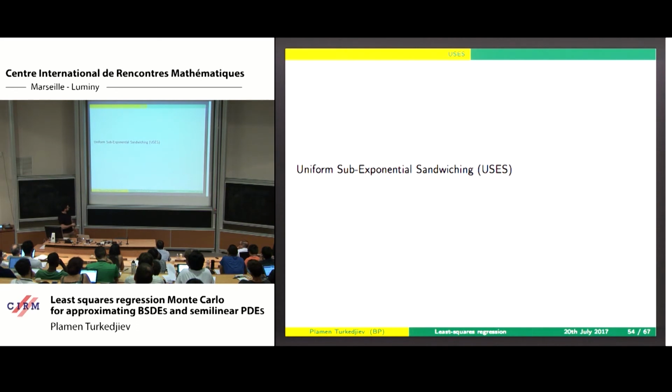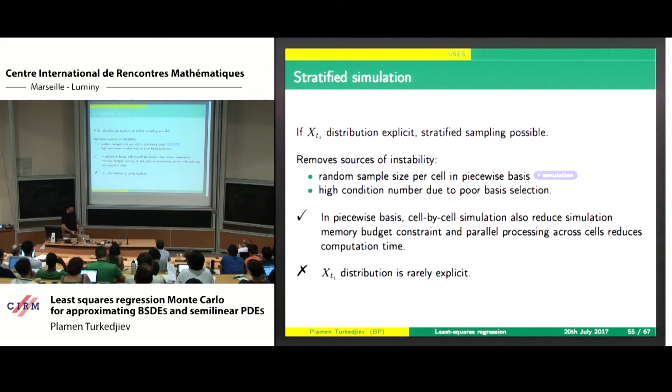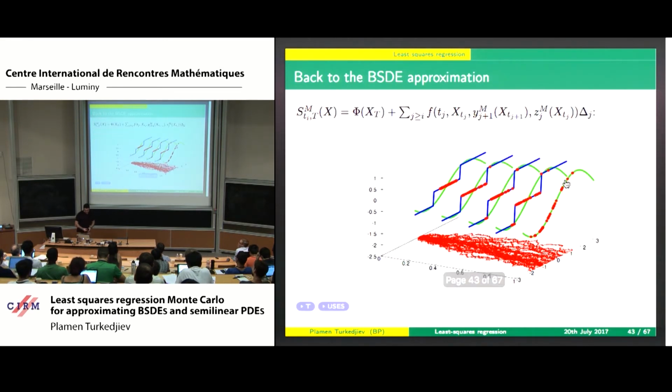Anyway, the last thing I'm going to show is very, very fast, because I have to finish soon. One thing that we can observe is that wouldn't it be great if we can stratify our sampling? What do I mean? If we look at this very simple set of basis functions that we've used, this is like piecewise constant.